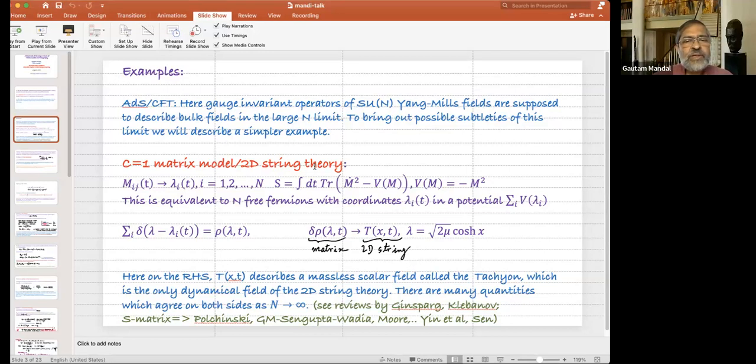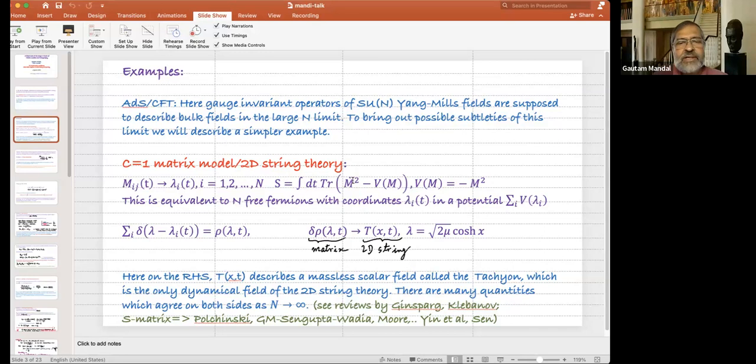So what's a c equal to 1 matrix model? Simply stated, it is a theory of n by n matrices which are functions of time. So there's only one coordinate, that's time, as against Yang-Mills theory, where you have matrix fields which are functions of time and space.